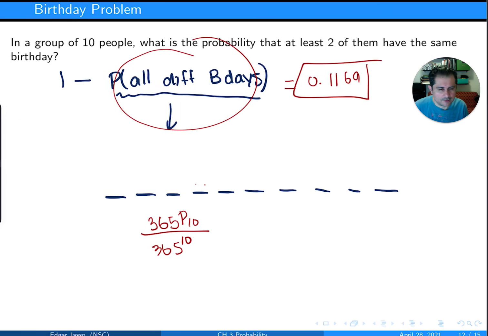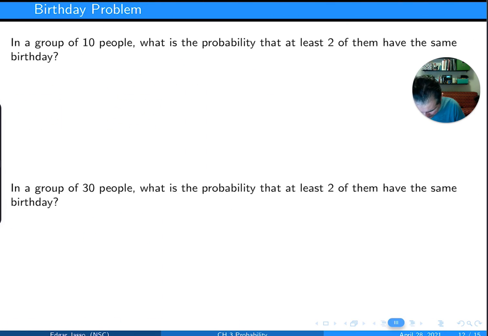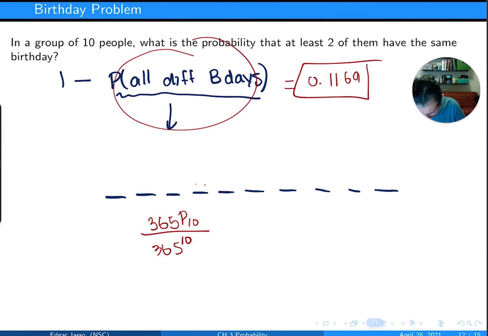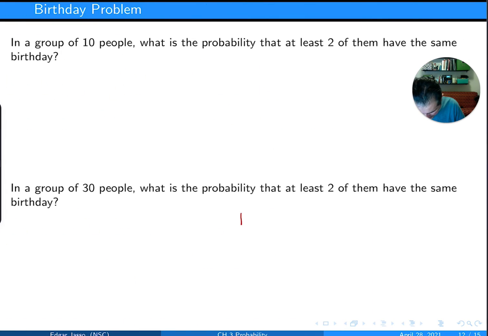If you follow the idea, it's going to be 1 minus the probability of no repeated birthdays. And following the same logic as before, no repeated birthday is going to be 365 P30 in the numerator.